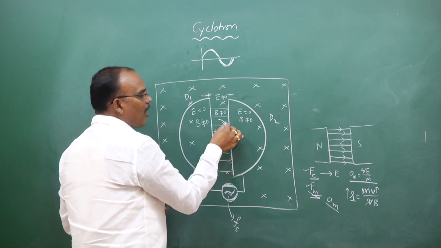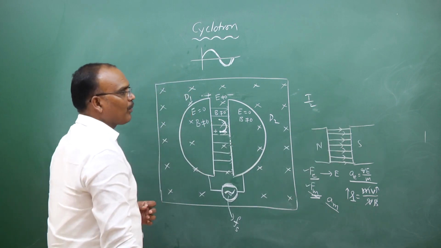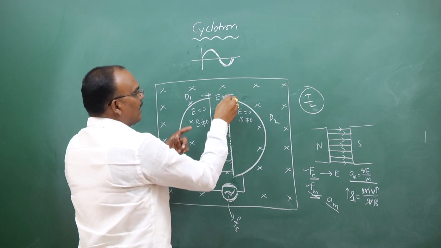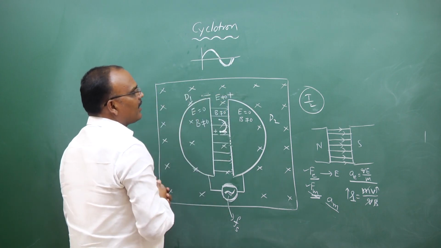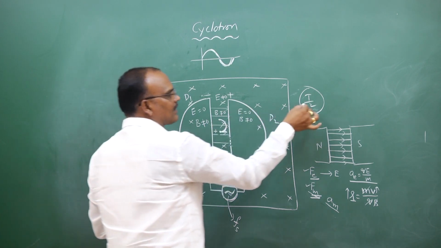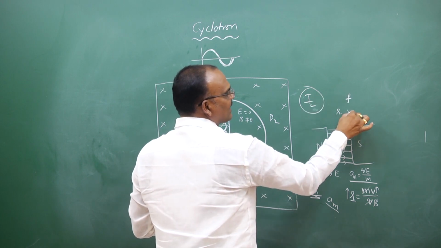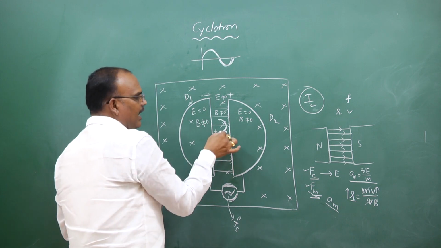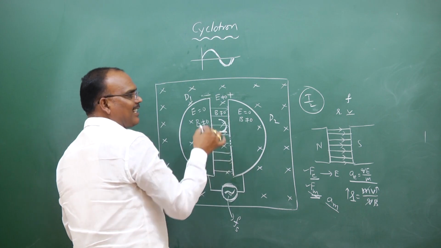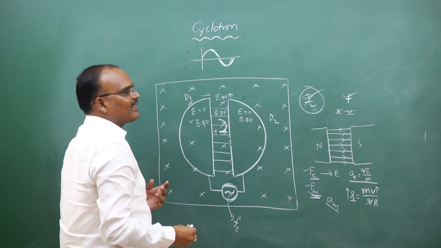When it completes half of the revolution, it takes time T by 2. By this time, this oscillator changes the polarity of the D's. We know that time period and frequency are independent of radius and velocity. Here radius is continuously increasing, speed is continuously increasing, even though the time period and frequency remain the same.